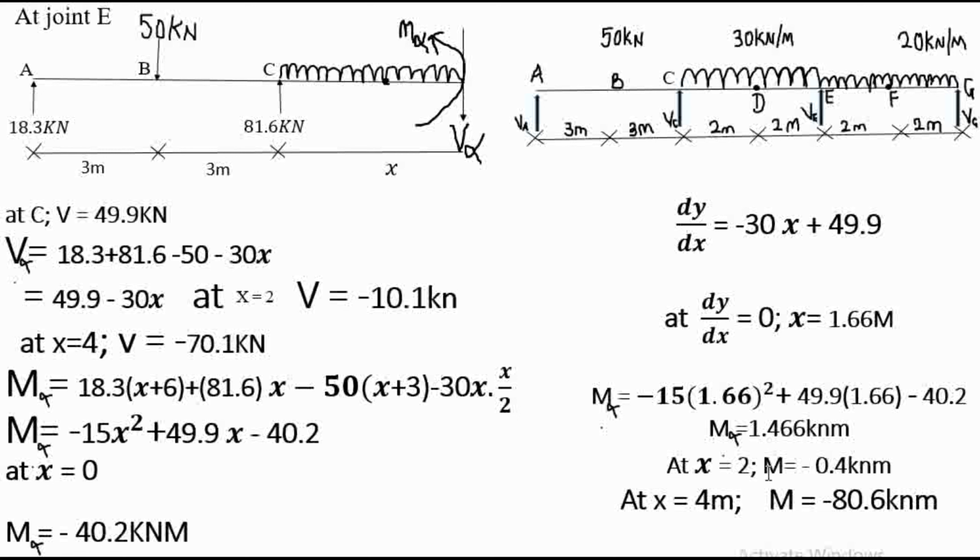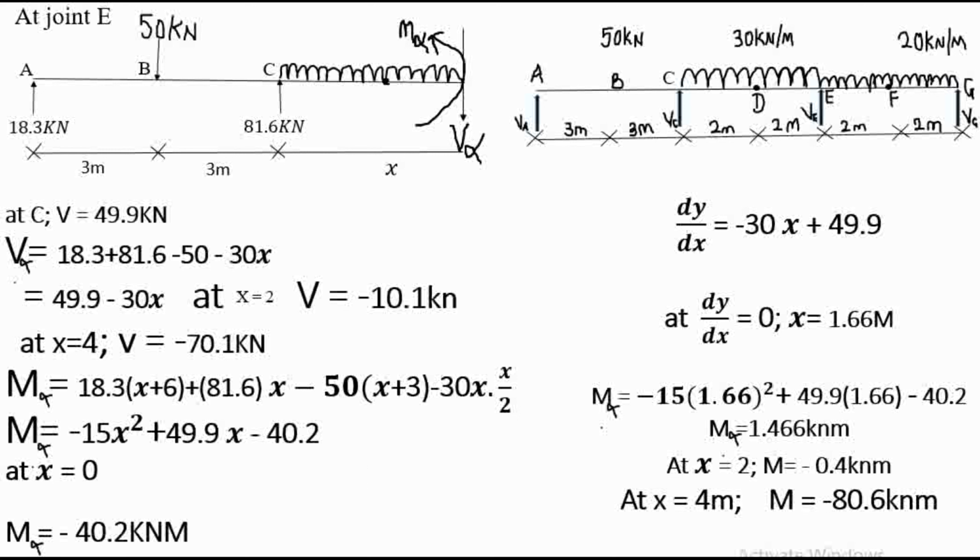So had it been we didn't approximate, we're supposed to have 0 because moment at the hinge should be 0. Then at x equals 4 meter, we have that moment is equal to minus 80.6 kilonewton meter. And x equals 4 meter is exactly under support E. So at that support, the moment is minus 80.6 kilonewton meter.